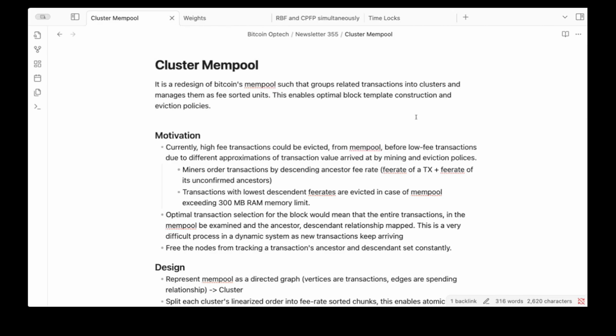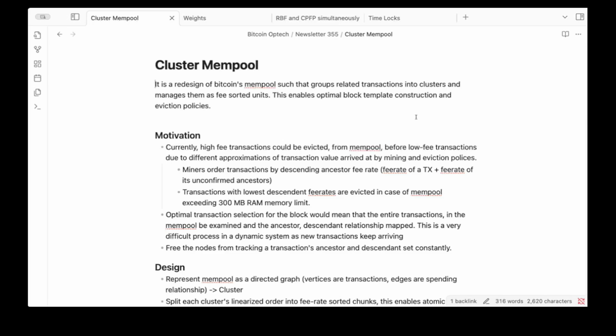Now there is a discrepancy between policies that help miners pick up transactions and their related ancestors and descendants, and policies that eventually lead to eviction of transactions. Miners typically order transactions in descending order of ancestor fee rate.